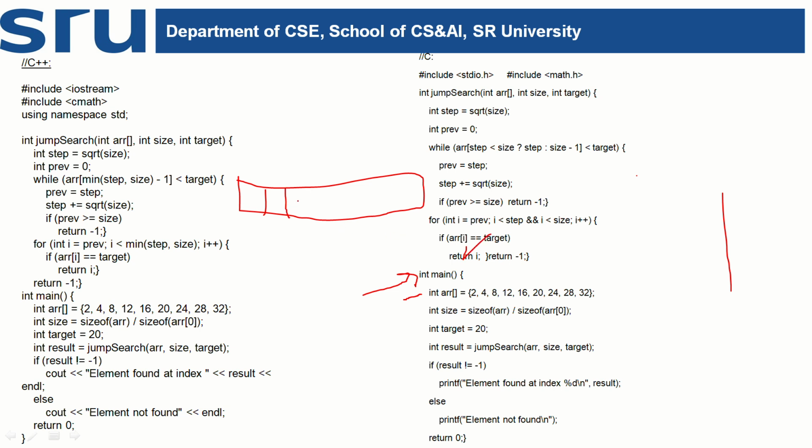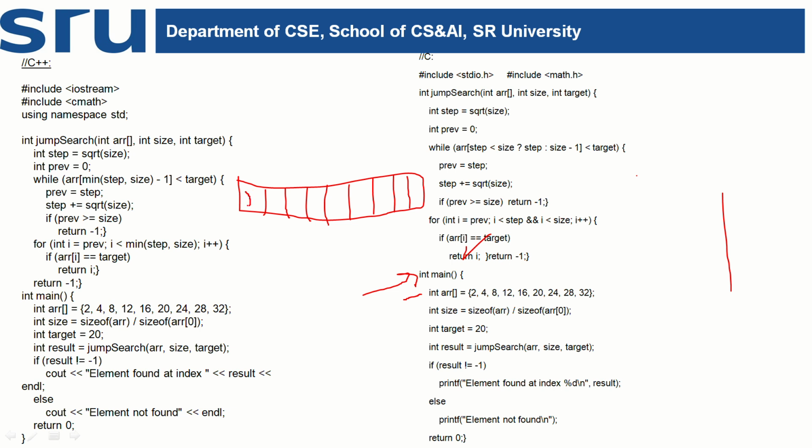1, 2, 3, 4, 5, 6, 7, 8. One more is missing, so total 9. Here I am inserting the values.